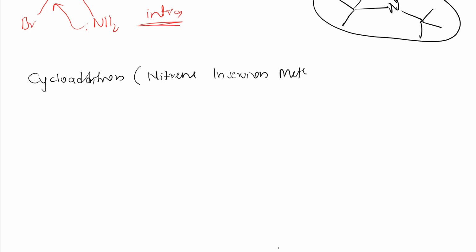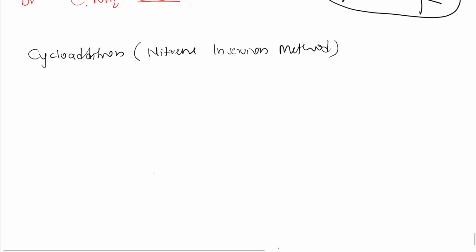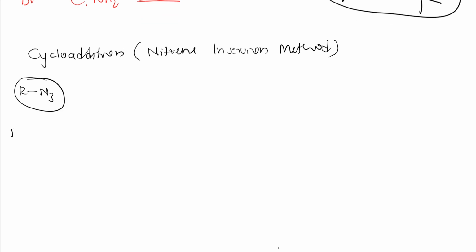So how does this happen? See here, I will take this kind of compound, RN3, right? The structure of this you should know. R, N will be there, double bond N, double bond N. So this nitrogen will be negative charge, this nitrogen will be having positive charge. Totally it is neutral. So RN3 structure should be like this.